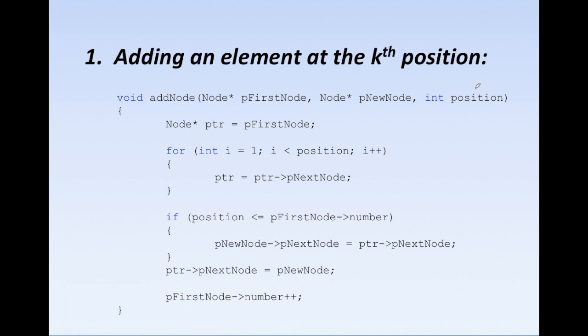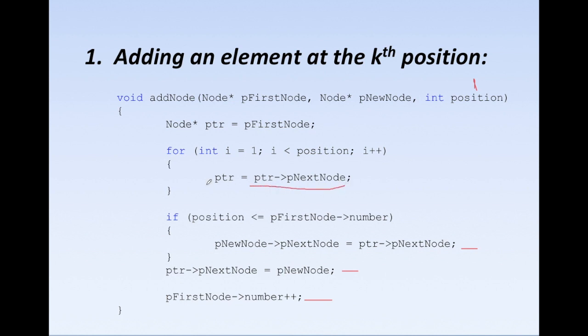The position was 1. All right, and in this case, pointer is already pointing, so is it less than 1? Pointer is already pointing to the first element, and we do these 3 steps. So we don't have to move through the linked list, because we are already pointing to the first element.